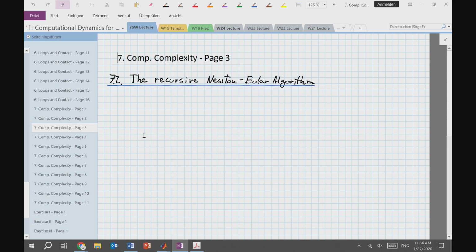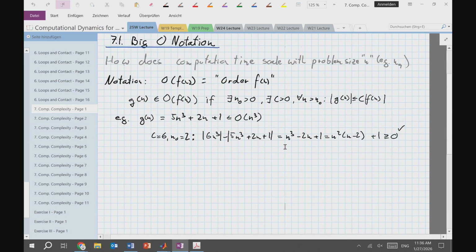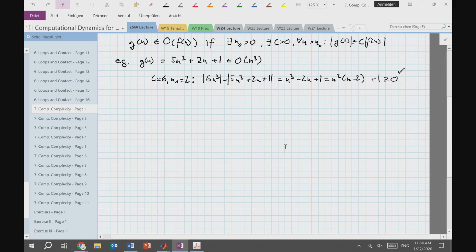With that in mind, I jump back to my first page of the template, and now I can give you some examples. So capital O of n, we would read this as order n. Some algorithm is order n, which means the problem scales linearly.